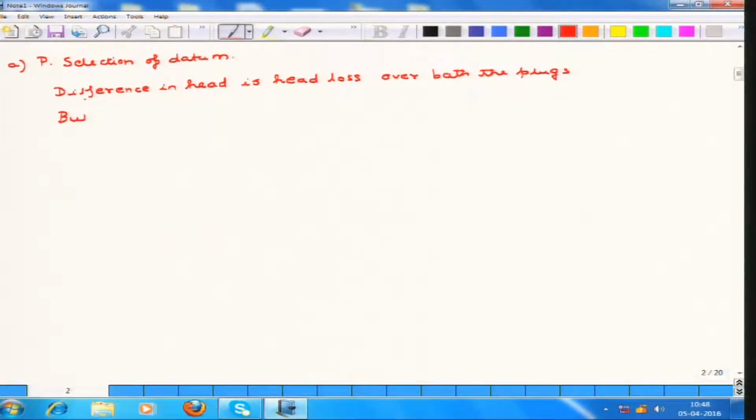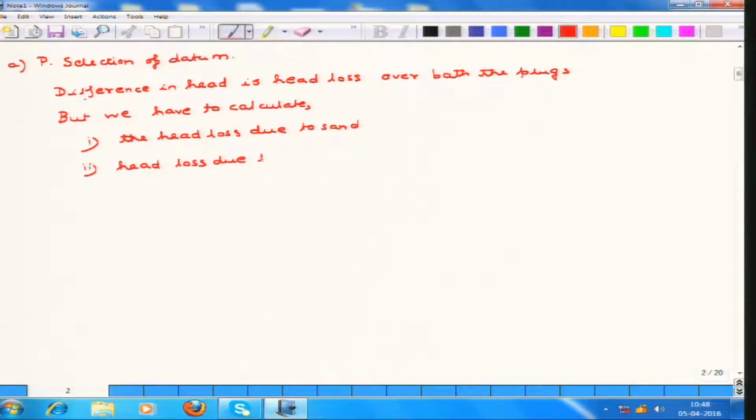But we have to calculate the head loss due to sand first, and second the head loss due to the mixture of sand, clays and silts.